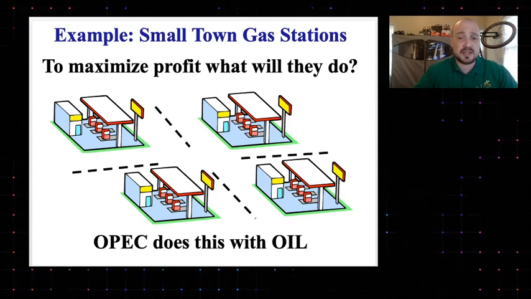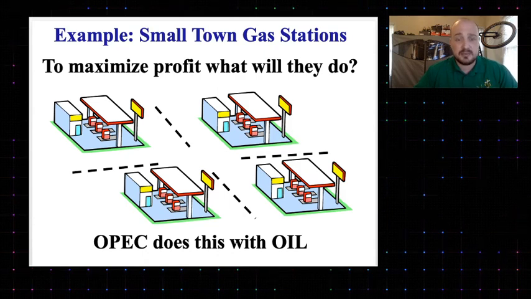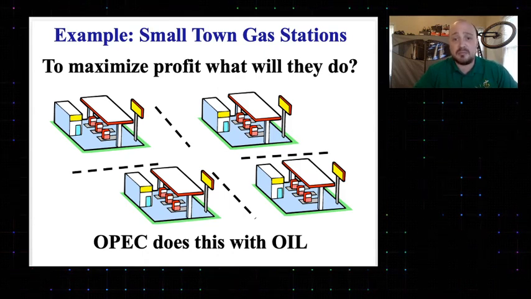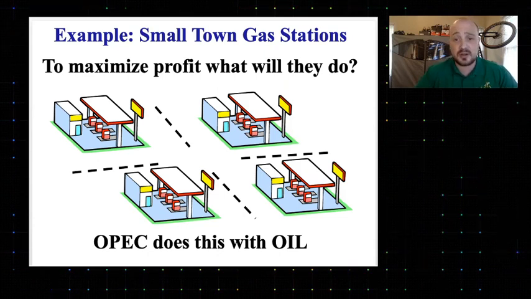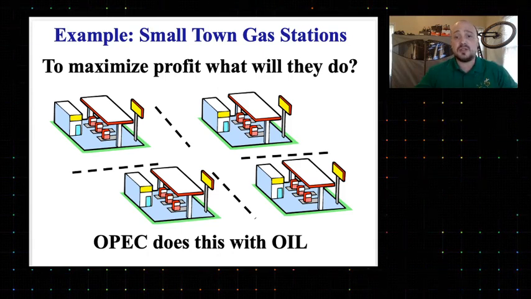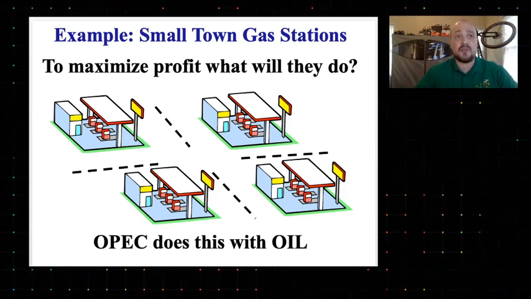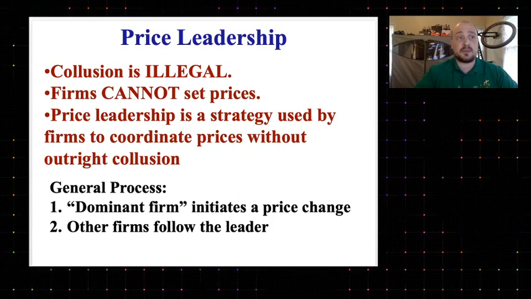So how do these businesses set prices? Well, we can look at a small town gas station example. Usually, if you drive through a small town, gas prices are all the same. If you've got two gas stations, one on each corner, generally the prices are very similar. Why is that? It's illegal for them to work together to set prices.